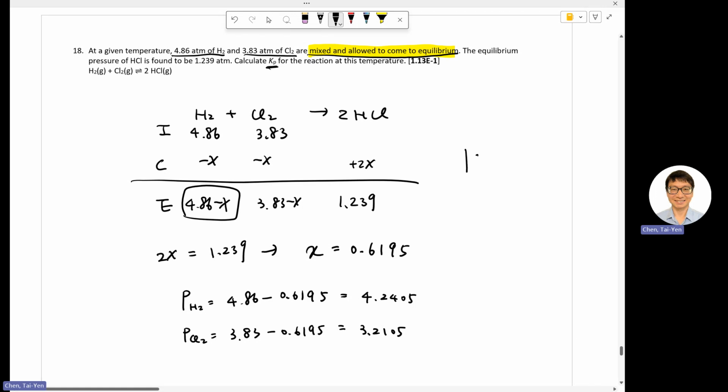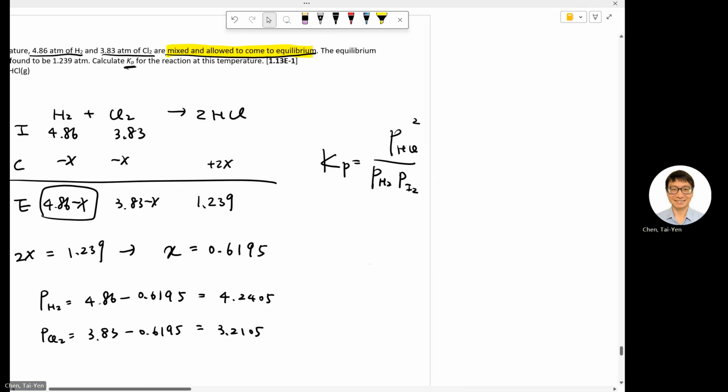You should know that the Kp is going to equal the pressure of your HCl to the second power over the pressure of your H2 to the first power times the pressure of your I2 to the first power.